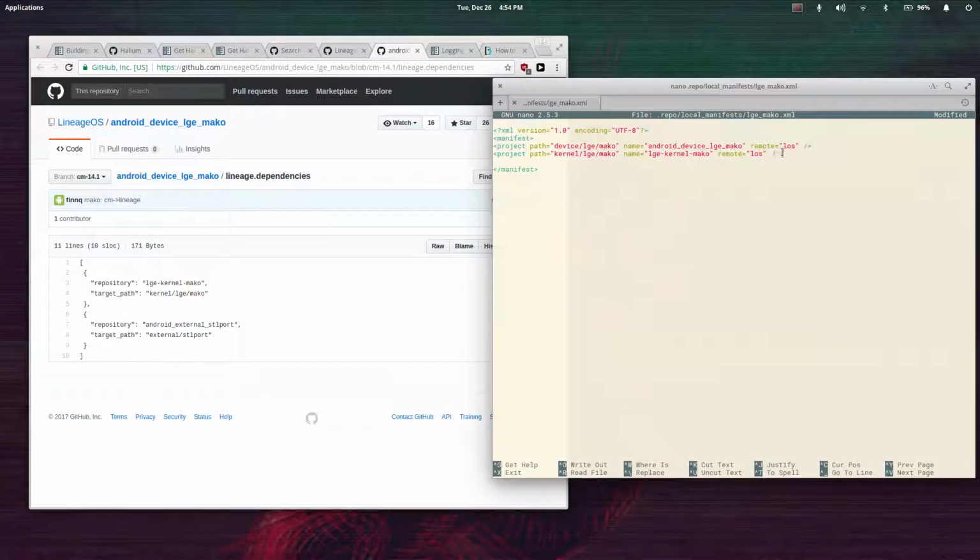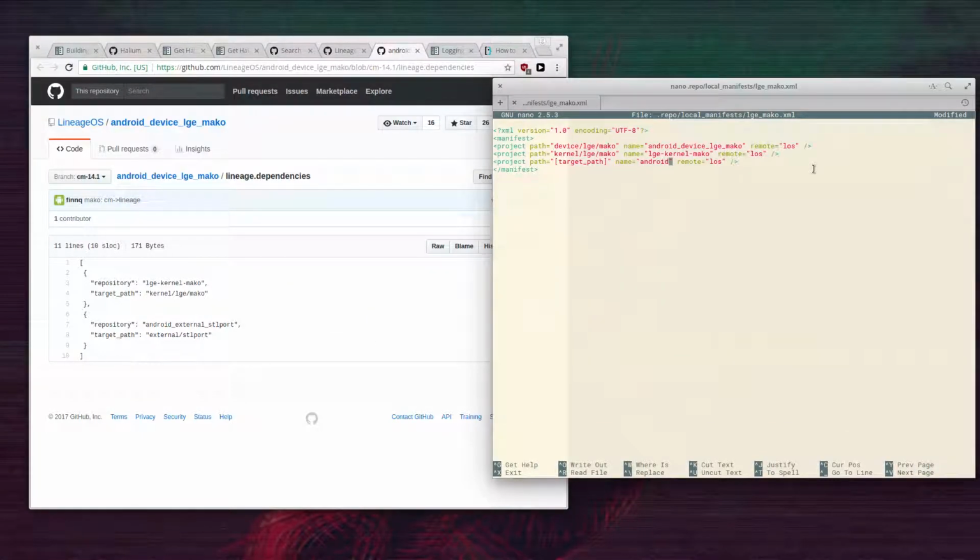And that also means we need... why has that one got underscores but everything else has dashes?